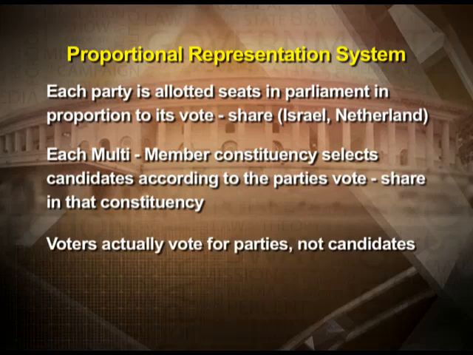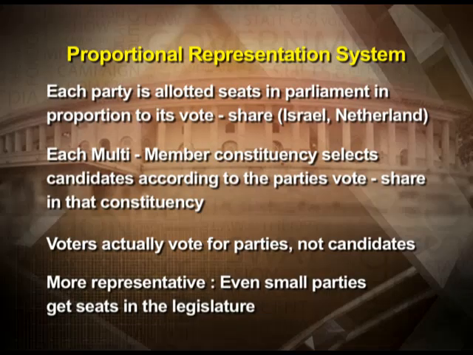So, voters are actually voting for parties. The parties do have lists of candidates, but the candidates do not matter. The parties choose the candidates who will ultimately represent them in the legislature, but voters ultimately vote for parties. So, because of the proportional representation system, the smaller parties also get an opportunity to get represented, to get their seats in the legislature, which they may not find an opportunity in countries with the first past the post system.